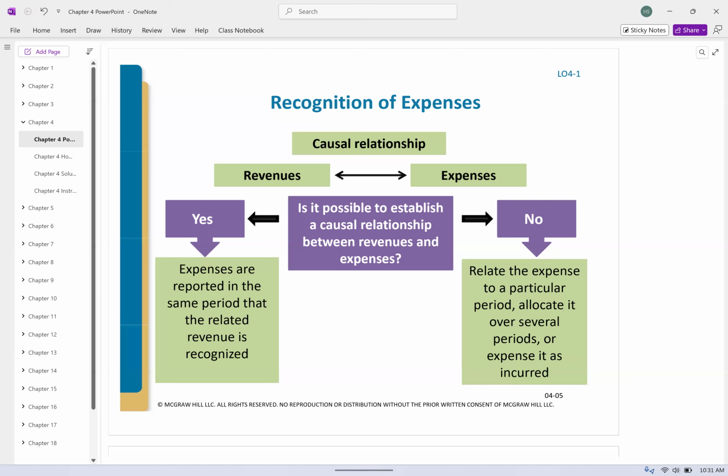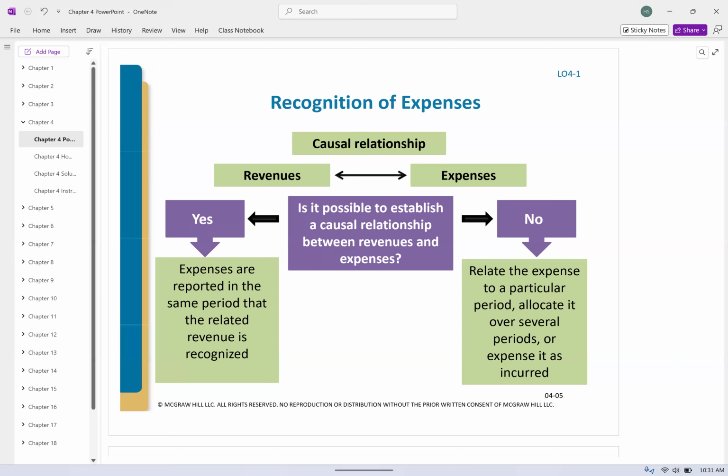We don't know if those things are really true. As an accountant, we do the best we can, following the rules of GAAP when we do estimates, but we don't have a crystal ball. We don't know, is that building really going to last us 30 years? Is it really going to have a salvage value of $10,000? We don't really know. So we do the best we can because it's better than to expense it all.